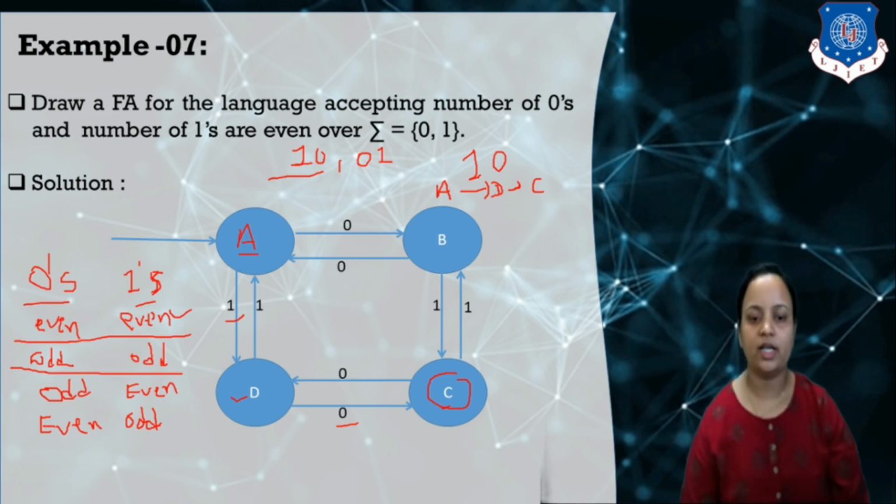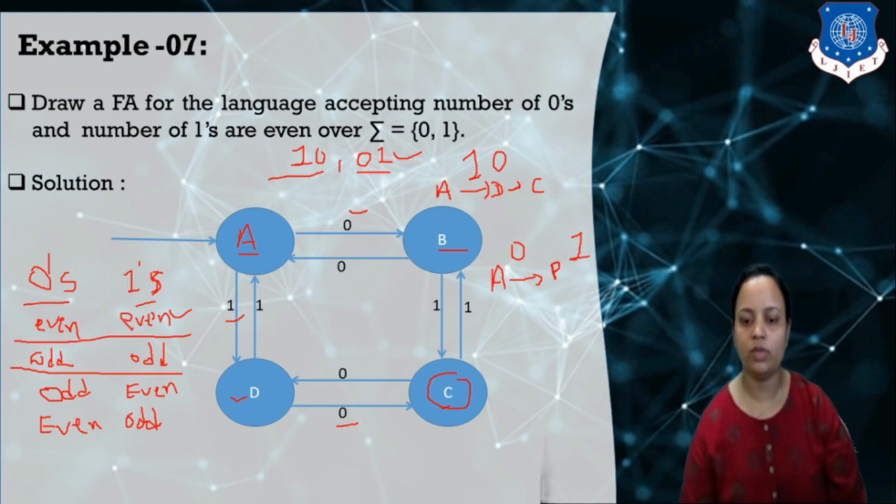Now let me consider this valid string 0 1. For a valid string, at the end of the string we have to reach the accepting state. Start from the initial state, A on 0 we move to the B state. Now from B, on getting 1, we move to the C state.